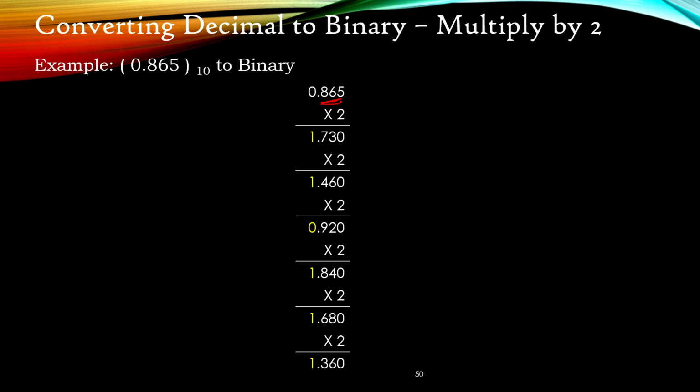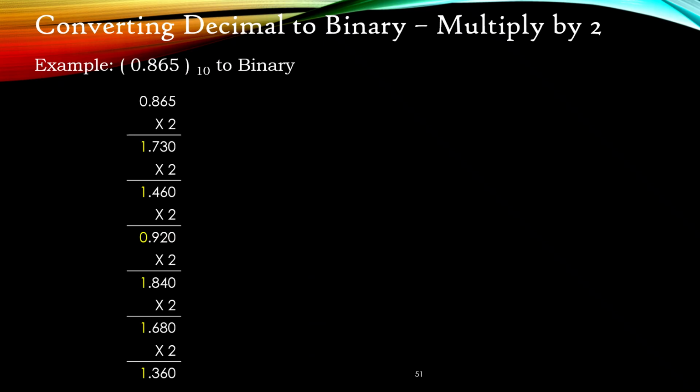And now here we have to count the numbers. That is the integer part what we have got for each product from top to bottom, right? So the value can be written as 1, 1, 0, 1, 1, and 1, right?